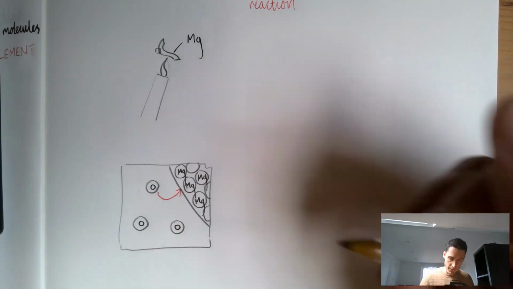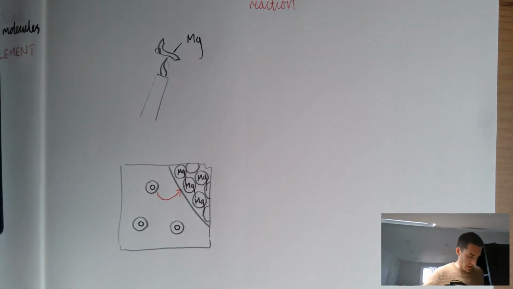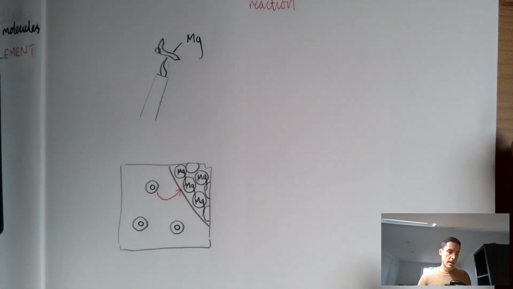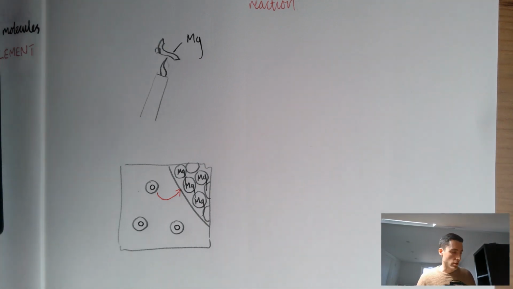Now, of course, the more eagle-eyed among you, and probably among your students, are going to say, well, hang on, last lesson you said oxygen is this diatomic molecule. It exists as O2. Why these single O's? It's a good point. And actually, as with all these things, it's a bit more complicated than we make out.